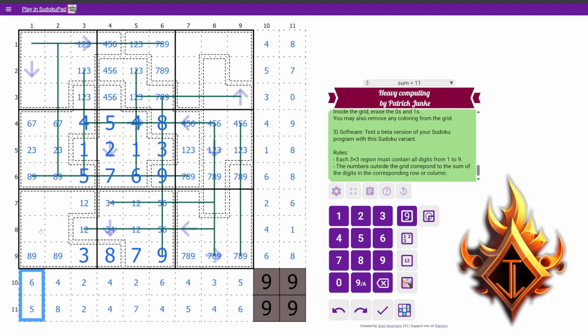For 65, this is 7, 6 maximum, which is 13.